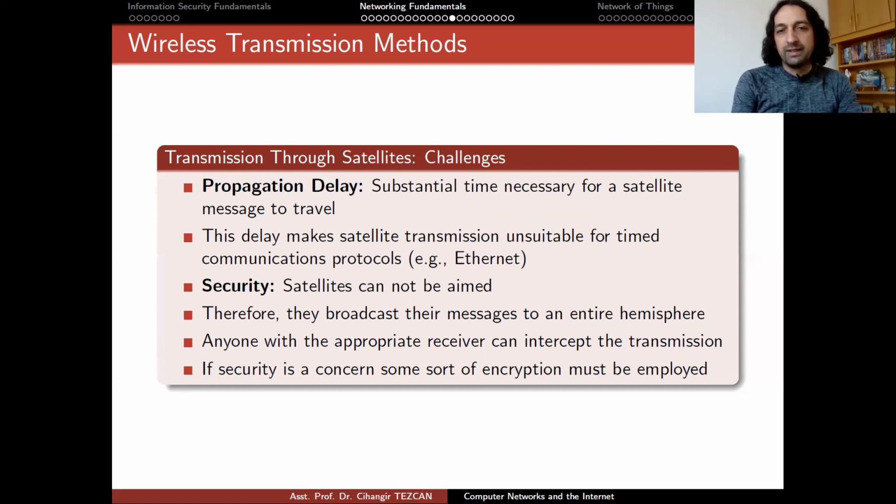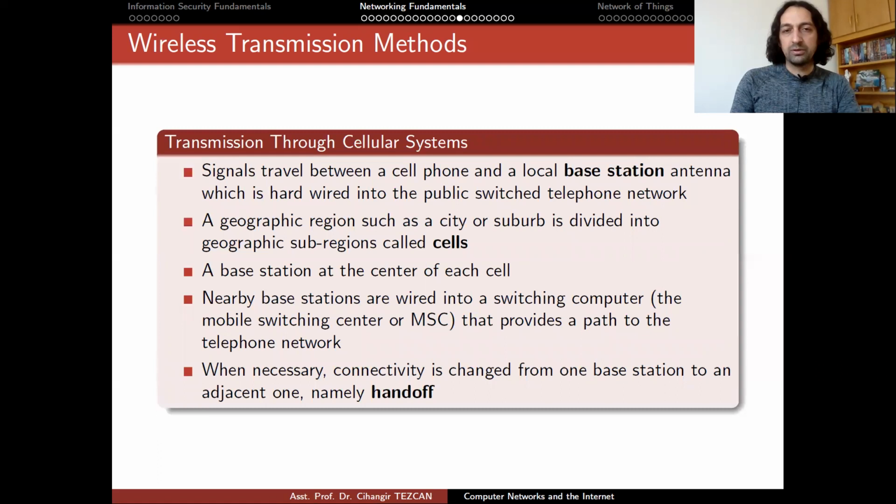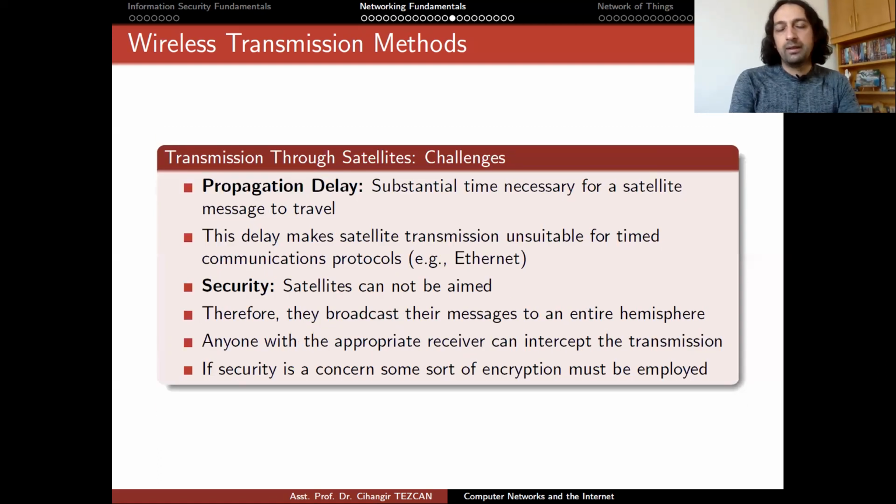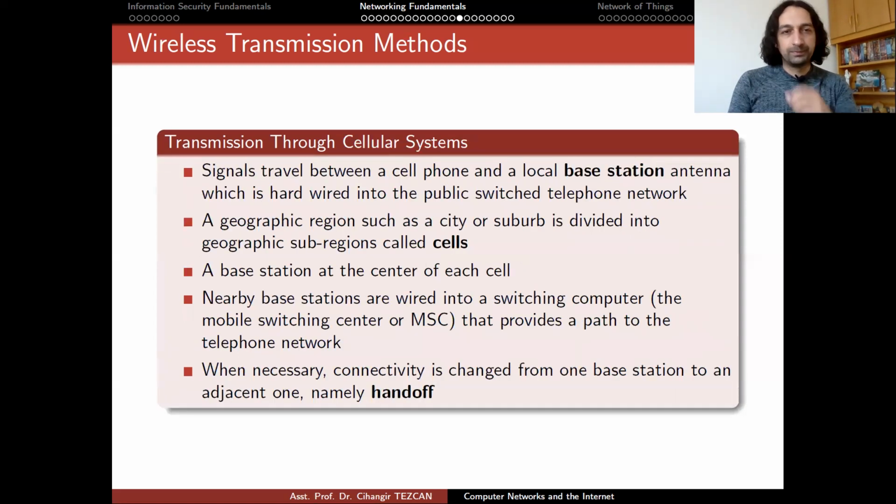Therefore, they broadcast their messages to an entire hemisphere. Anyone with the appropriate receiver can intercept the transmission. If security is a concern, some sort of encryption must be employed. This is also a valid concern for almost every wireless communication.